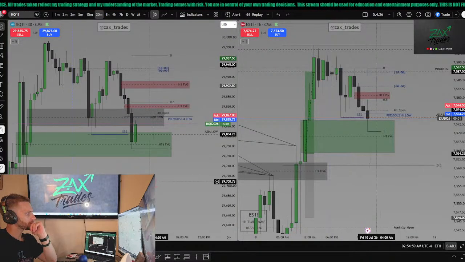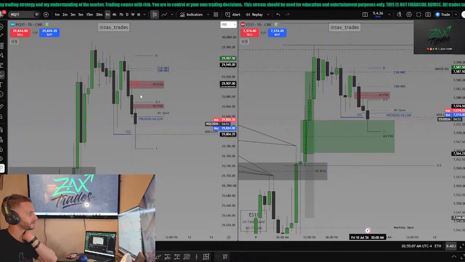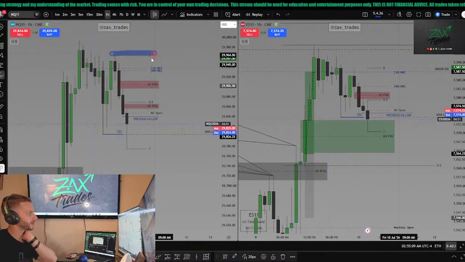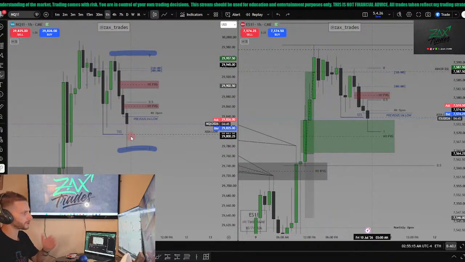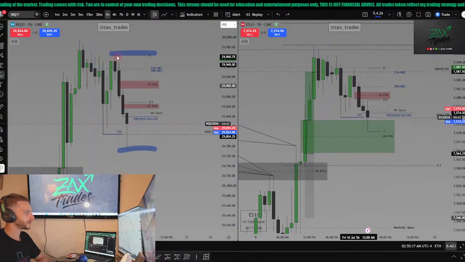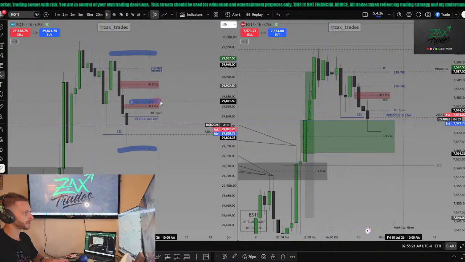And then we can also have a quick chat on how I'm using the equilibrium on the dealing range. So swing high, swing low, consecutive bullish or consecutive bearish candles. So I have bearish candles here. Here's my 50%.